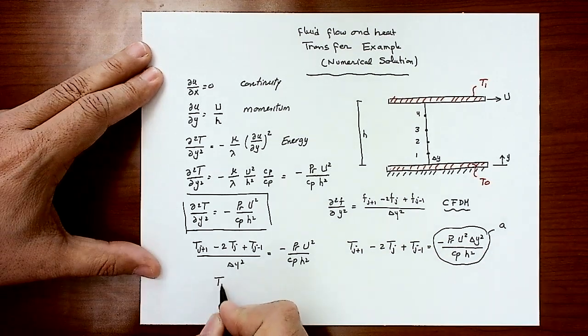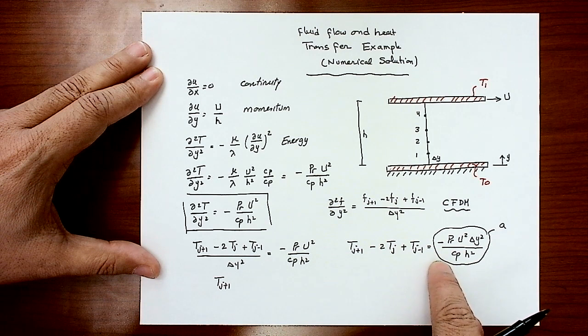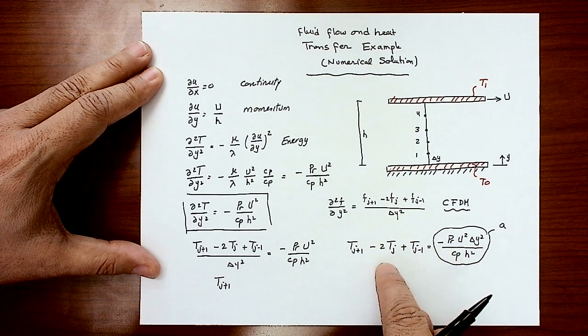Remember, our target is actually Tj, right? So let's divide the equation by 2. And before we call that A, let me actually simplify the equation here.